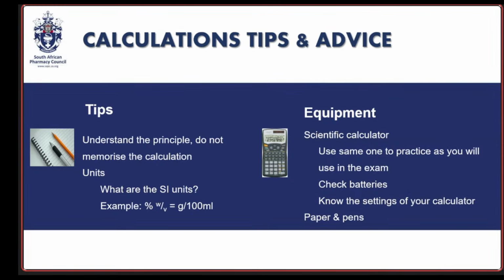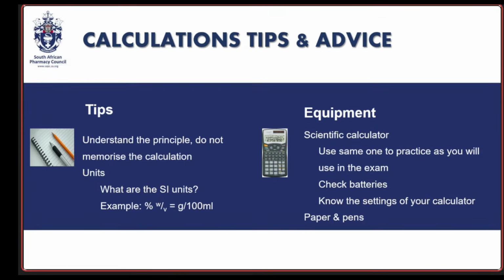Okay, so the tips and advice: we need to understand the principle and not memorize the calculation, because the minute we change the wording of the question, you will be completely lost if you have memorized the calculation. What you need to know are the different units that we use. So what are SI units, for example?